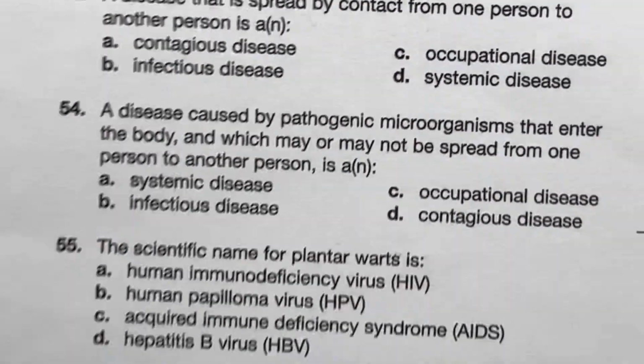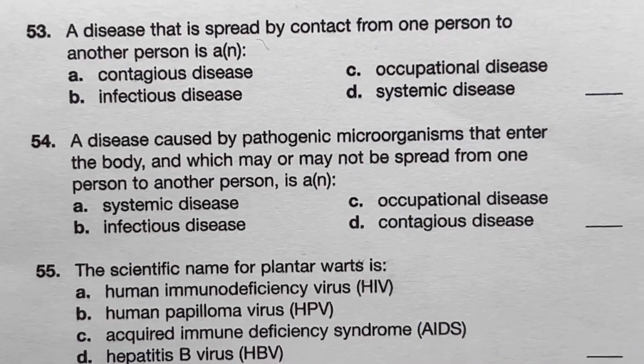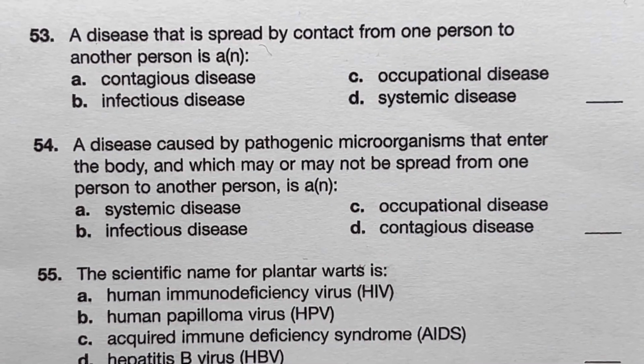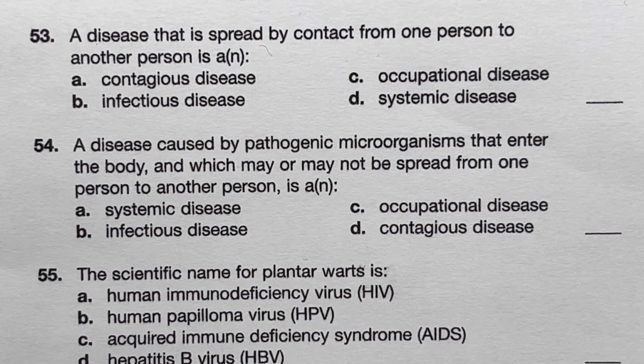Number 53. A disease that is spread by contact from one person to another person is a A. Contagious disease, B. Infectious disease, C. Occupational disease, D. Systemic disease.